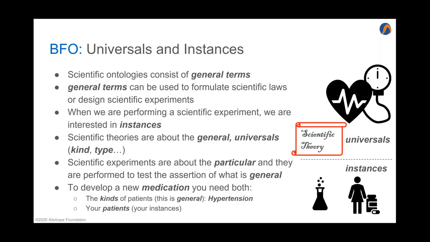But when you are trying to convey the scientific theory, it is about the general and universal, so you are using the universals and the terms to set up those theories. So to develop a new medication, you need both. You need the kind of patient, for example, hypertension patient, this is the universal, this is the general, and the patients themselves, those are your instances.